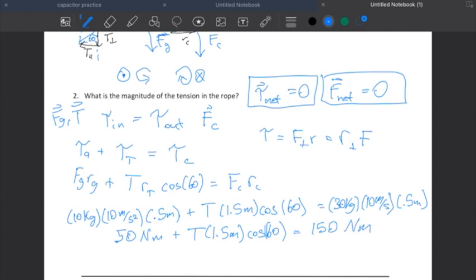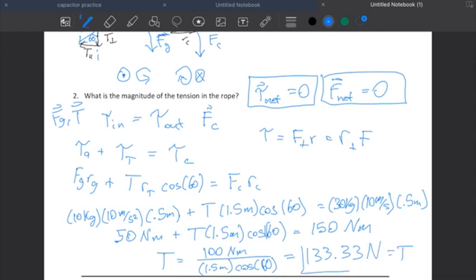So we can subtract 50 from both sides and divide, and we find that our tension force, the magnitude of it, is just going to be 100 Newton meters divided by 1.5 meters times cos 60. So the meters are going to cancel, and we'll be left with just newtons, and this comes out to 133.33 repeating, or just .33. We'll leave it as newtons. And that is the magnitude of the tension in the rope.